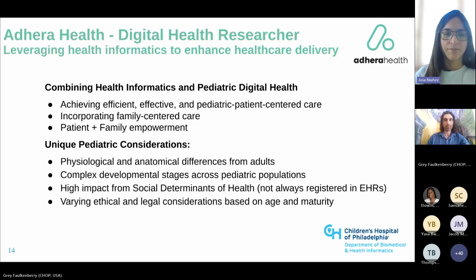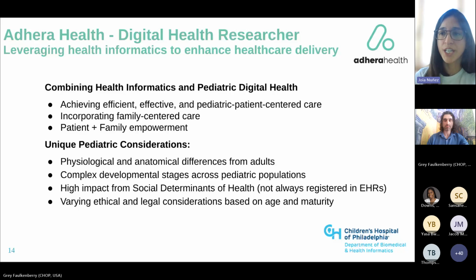We all know that pediatric patients have different physiological and anatomical values and aspects from adults, and that we can see them at different stages that are very dynamic and that grow across populations. And we have a huge impact from social determinants of health that are not always captured electronically.